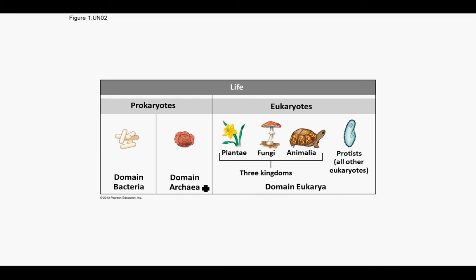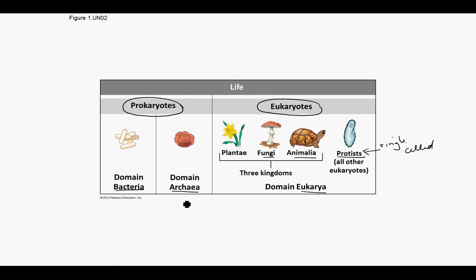So from looking at this, you can then divide organisms into domains, and we have two domains for prokaryotic organisms and one domain for eukaryotes. So we have the Eukarya domain of eukaryotes, and they include plants, fungus, animals, and protists. These are examples of our single-celled eukaryotes. And then on our prokaryote side, we have the domain of bacteria and the domain of archaea.